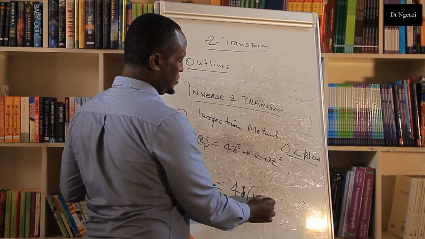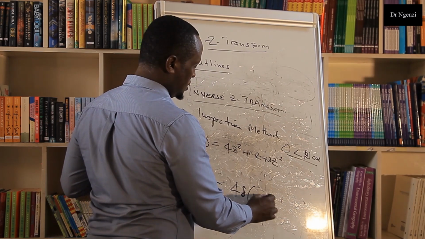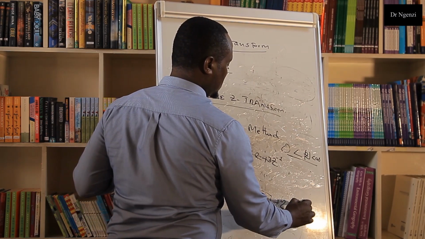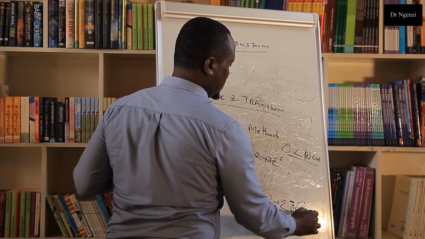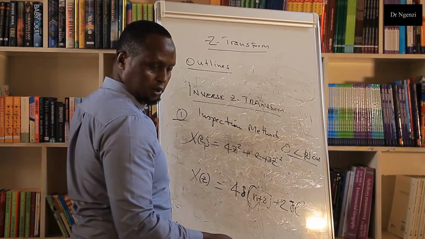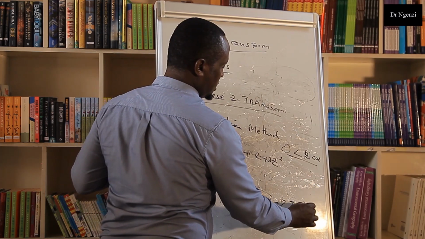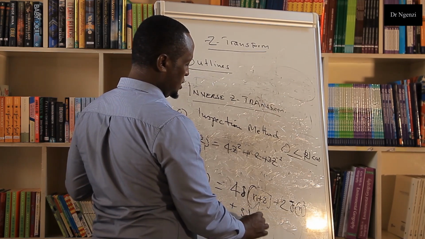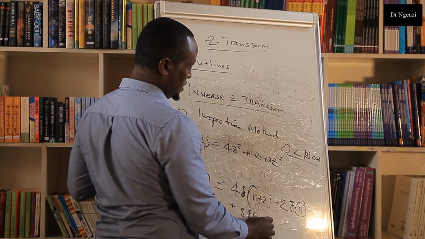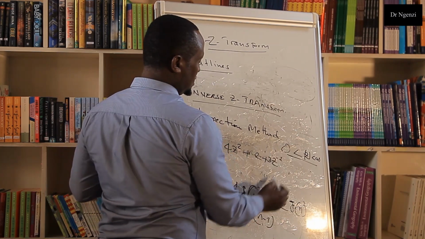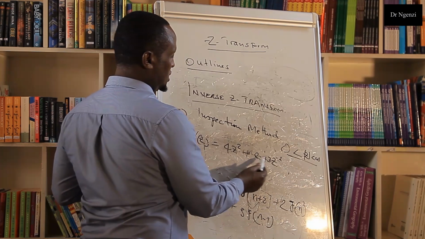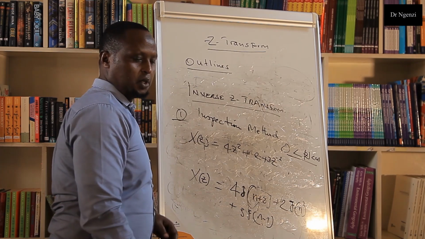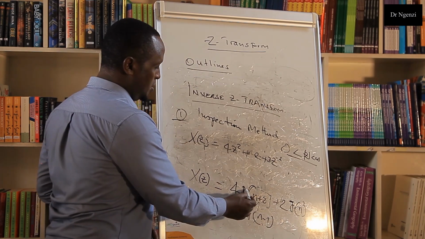There is going to be 4 impulse of n plus 2, then plus 2 impulse shifted from 0, that is n, then plus 3 impulse shifted to 1, that is n minus 1. So this is n minus 1, and this is n minus 0, and then the other one is n plus 2 on this side. So this is the way you compute.